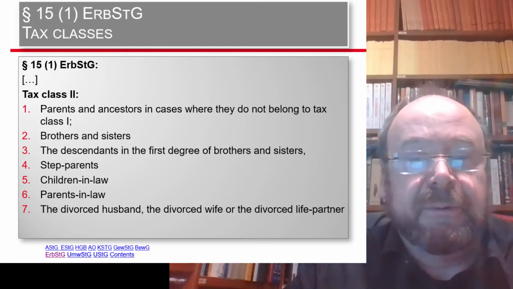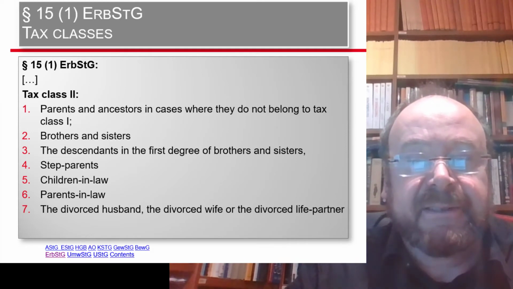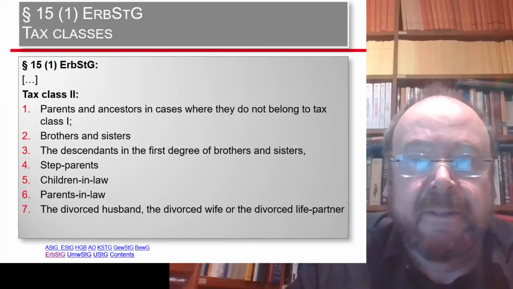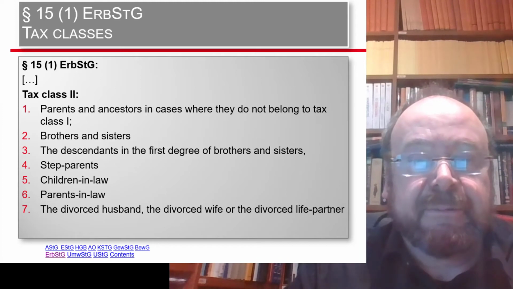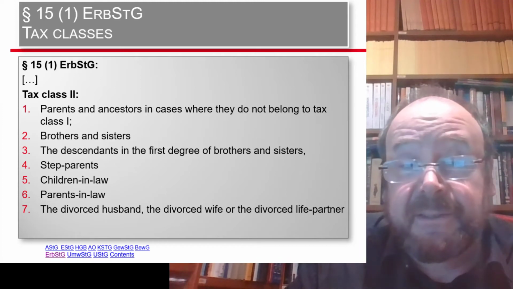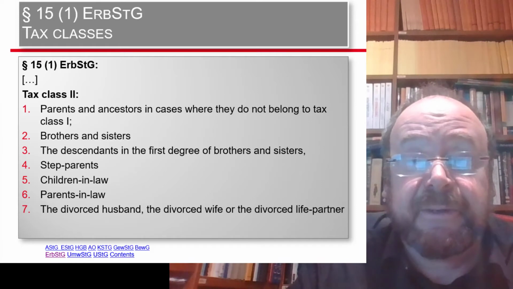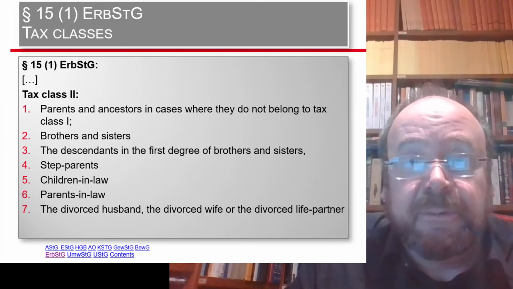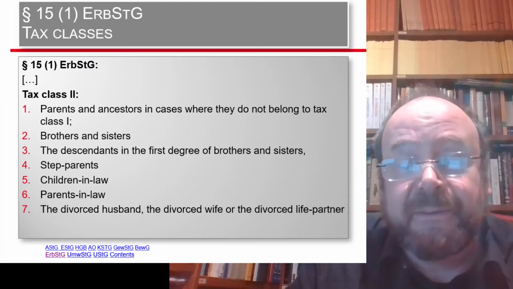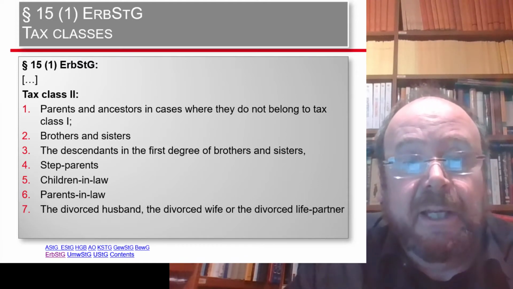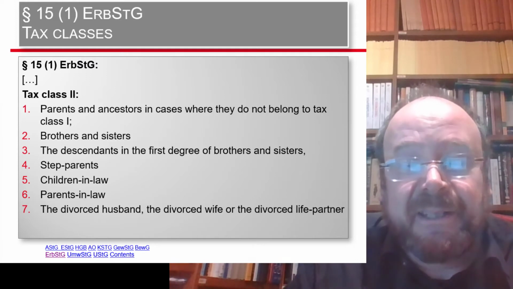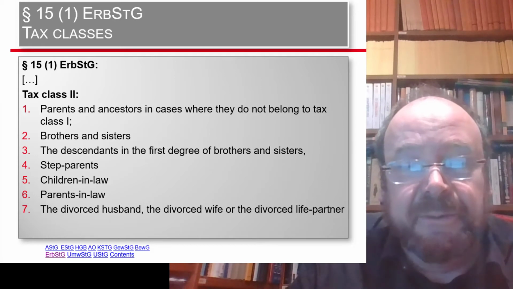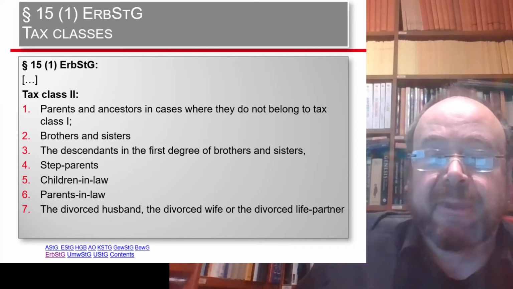Tax class number 2 is parents and ancestors in cases where they do not belong to tax class 1, so where they get donations from their children, brothers and sisters, okay, and the descendants in the first degree of brothers and sisters. And now I don't know if you remember what a descendant in the first degree is. That is a son or a daughter. So these are the nephews and nieces. So tax class 2 is Norbert Nobody.